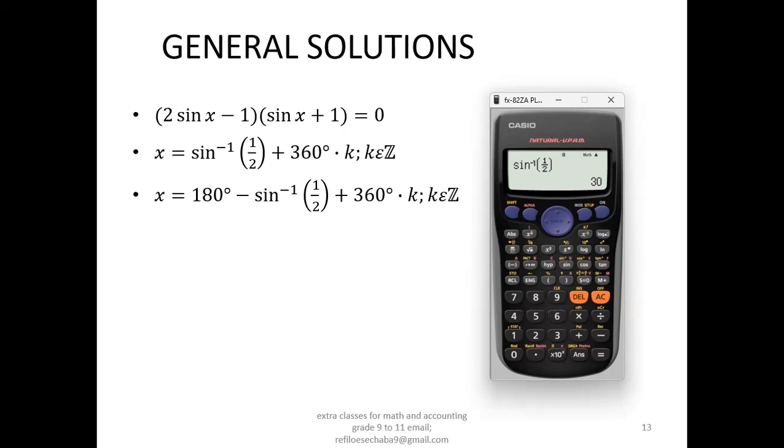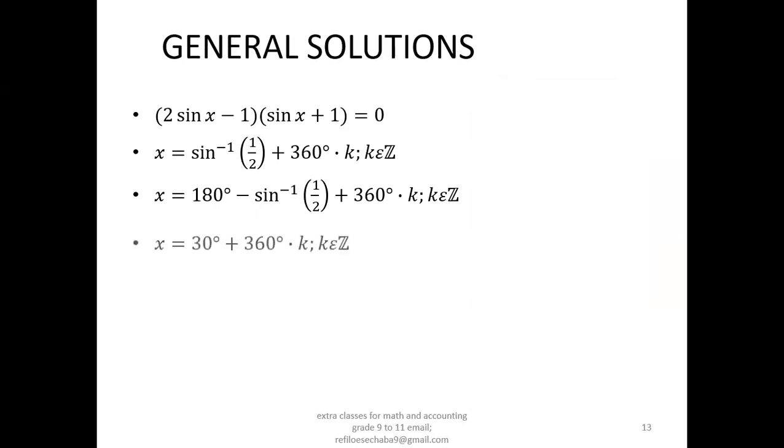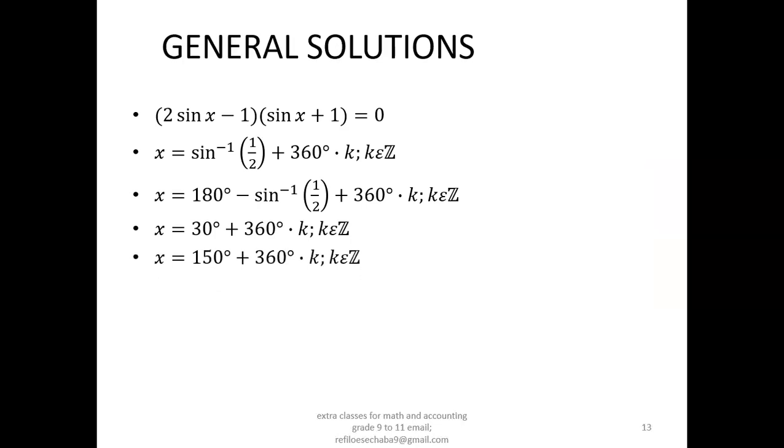You'll end up having 30 degrees plus 360 degrees times k, where k is an element of integers. Then that 30 degrees, you need to subtract from 180. When you subtract 30 degrees from 180, you get 150 degrees plus 360 degrees times k, where k is an element of integers. All right, that is the first part.